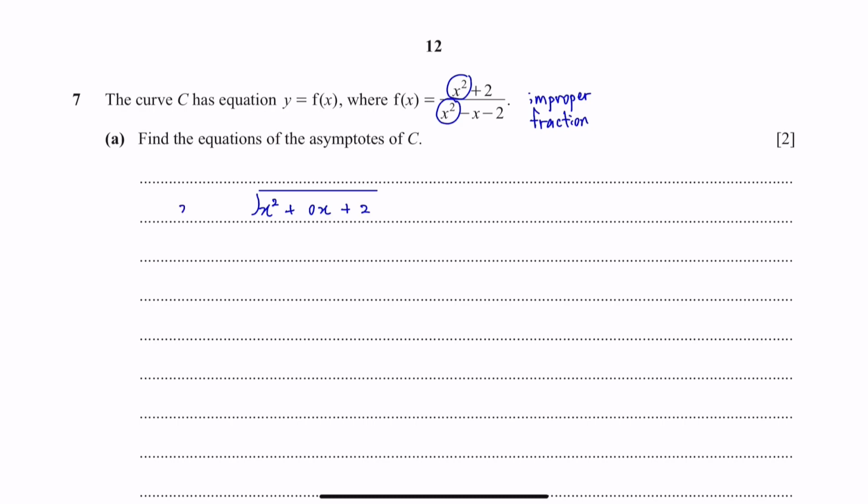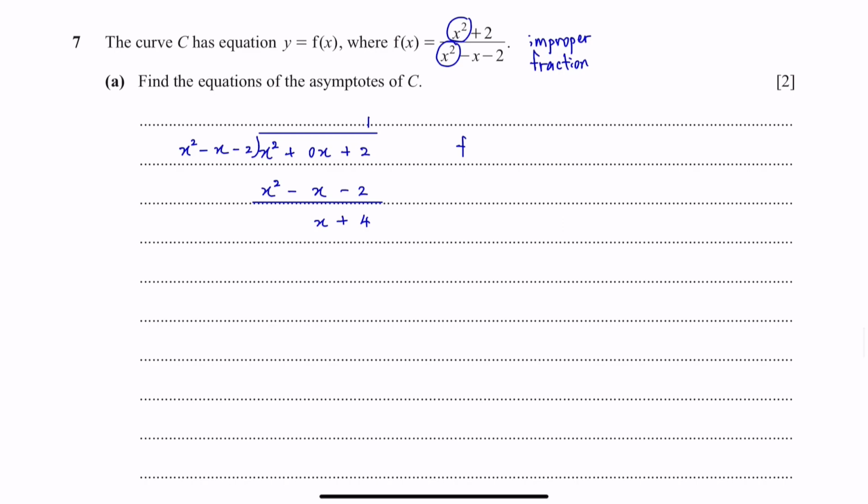So divided by x squared minus x minus 2. Put 1, so we get x squared minus x minus 2. And the remainder will be x plus 4.